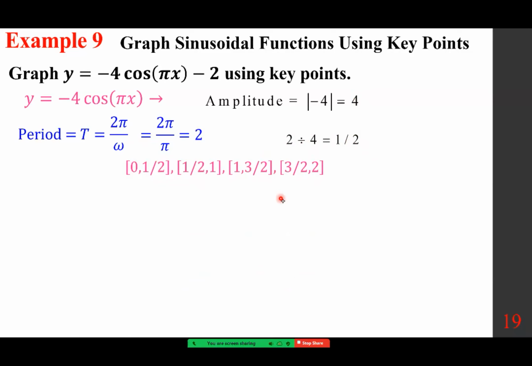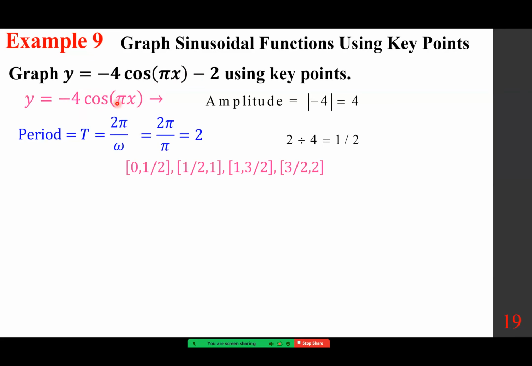Now let's plug in 0 into this function. Never mind this. If I plug in 0, cosine of 0 is 1 times negative 4, which gives me negative 4. Plug in 1/2.